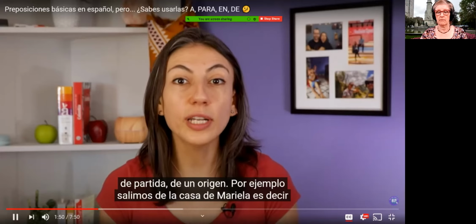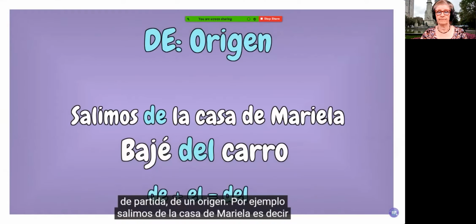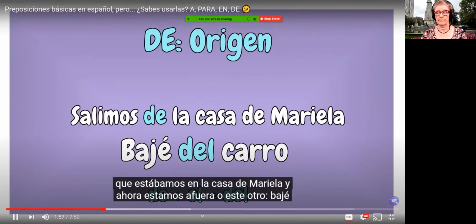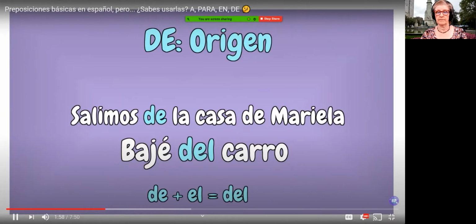De un origen. Por ejemplo, salimos de la casa de Mariela. Es decir, que estábamos en la casa de Mariela y ahora estamos afuera. Okay, salimos de la casa de Mariela tells you that the point where that person started was la casa de Mariela. That they left Mariela's house. They're not leaving to go to Mariela's house.